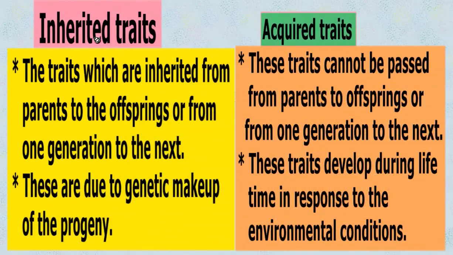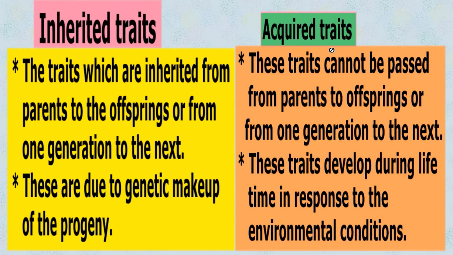So what is the difference between inherited traits and acquired traits? The traits which are inherited from parents to the offspring, or from one generation to the next, are known as inherited traits. These are due to the genetic makeup of the progeny, which is also known as genotype, or the genetic material present in the individual.